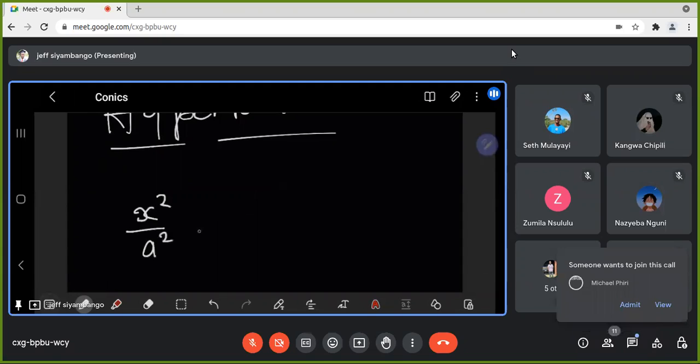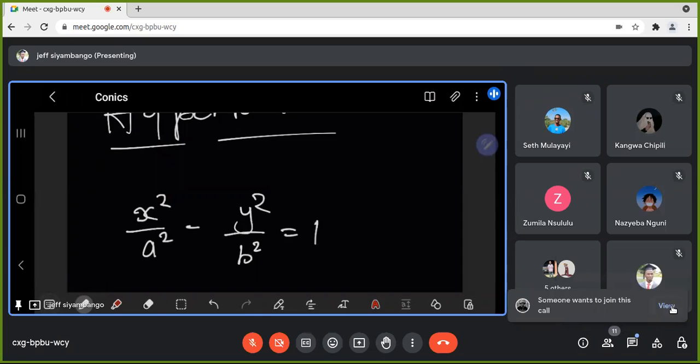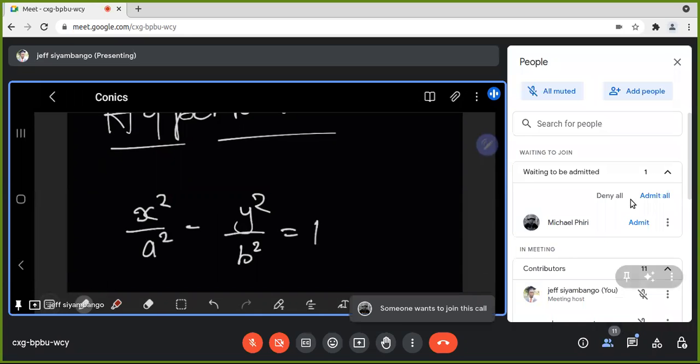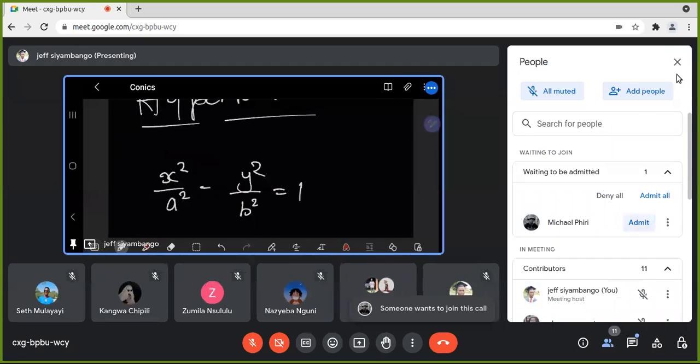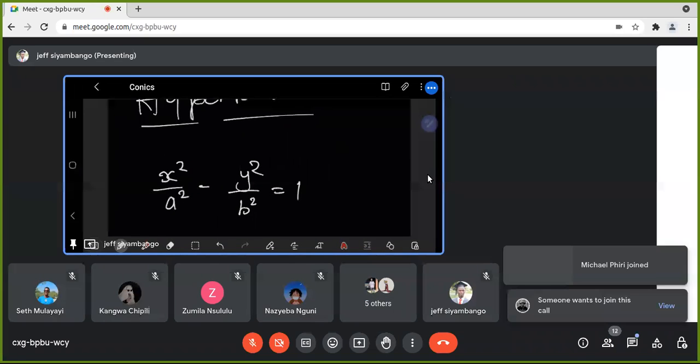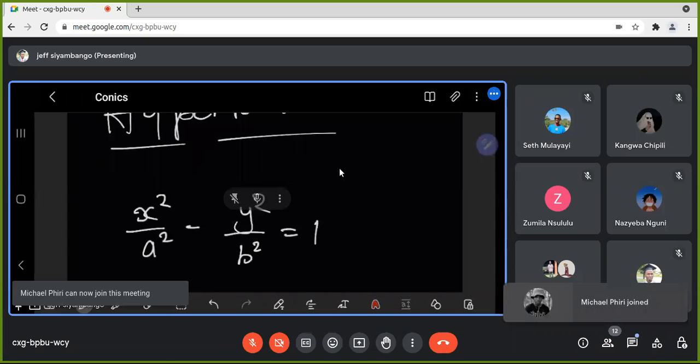So you have x squared over a squared minus y squared over b squared is equal to 1. So here we're seeing one term is negative. Okay, someone joining us? One term is negative there, which is like that.